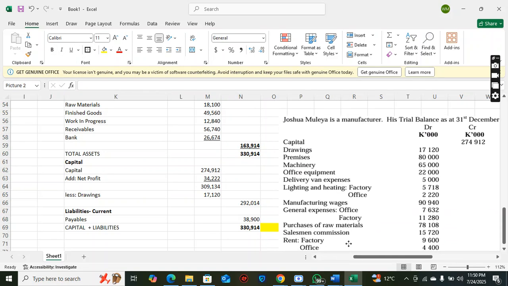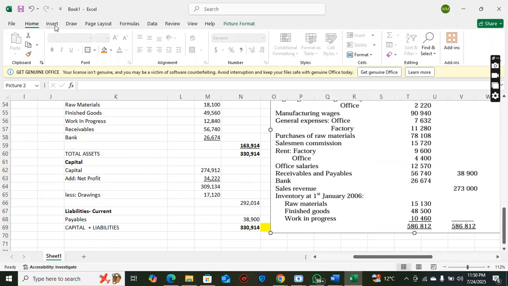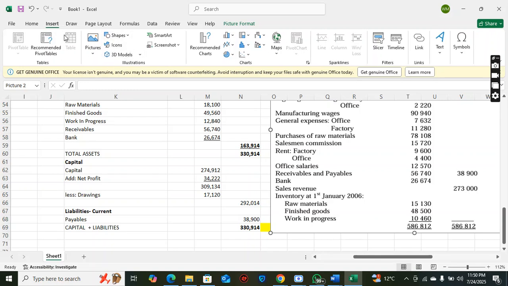I think here on the trial balance, where's that 1530? Yes, this raw materials here should have been 17,130, not 1530. So there was a typo error there.